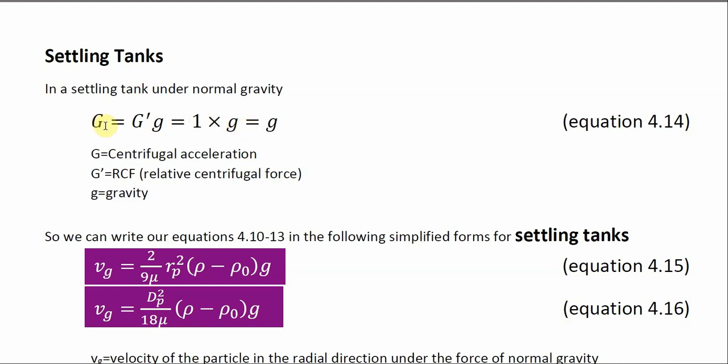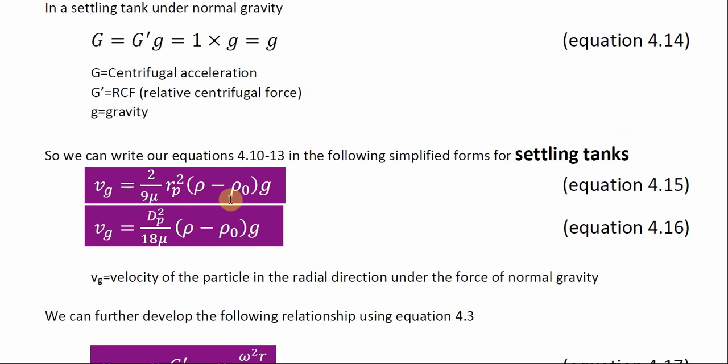So here we say our centrifugal acceleration equals our RCF times gravity, and in this case our RCF is 1. So it's 1 times gravity. So we can modify our above equations to this equation here.